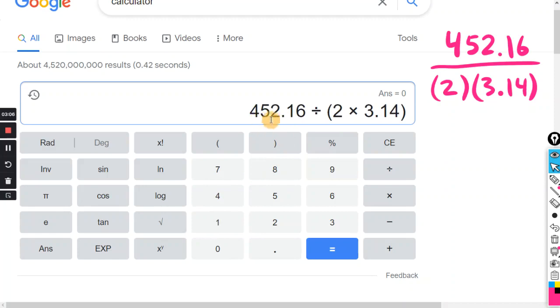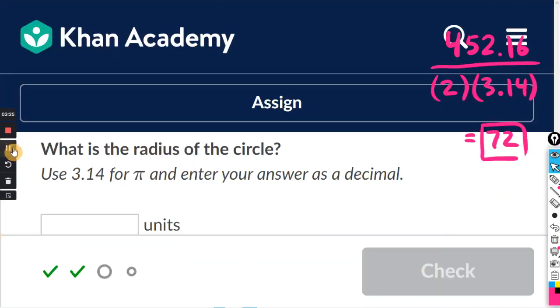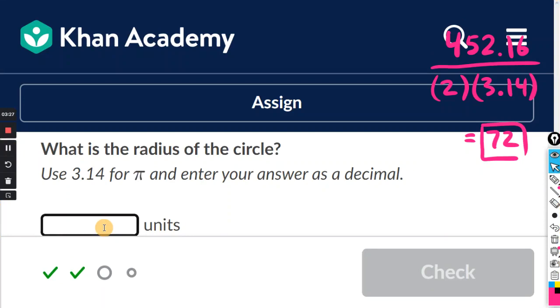This is the numerator divided by the denominator in parentheses. You click equals, and you get 72. So that was for the radius. You just click in the box and enter 72.